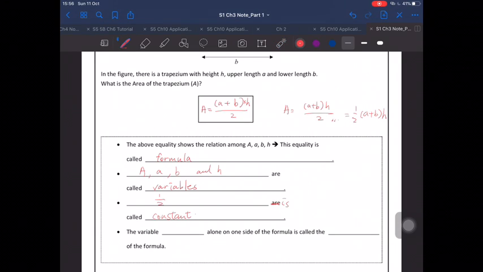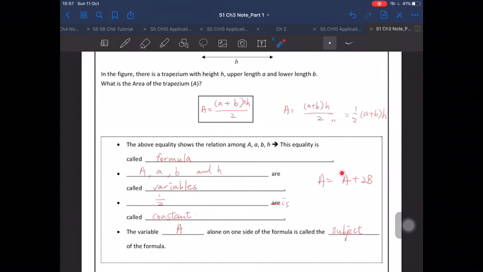So in the next part, the variable A alone on one side of the formula is called the subject. That means if you find that only capital letter A is on the left hand side, A is equal to something here, then we will say A is a subject. But in some cases, for example, like this, plus 2B, then we will not say A is a subject.